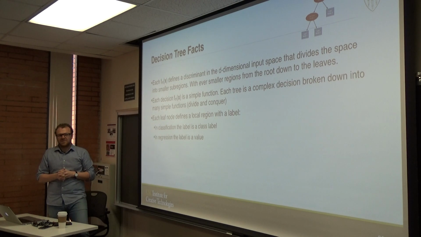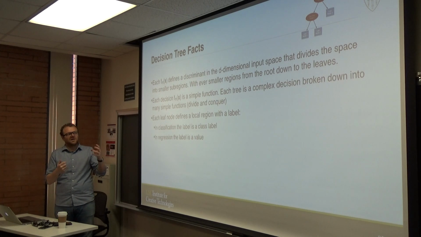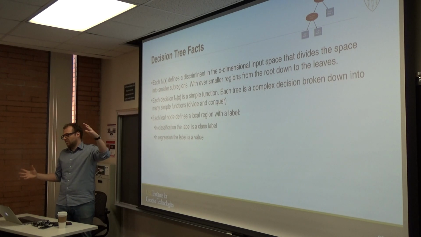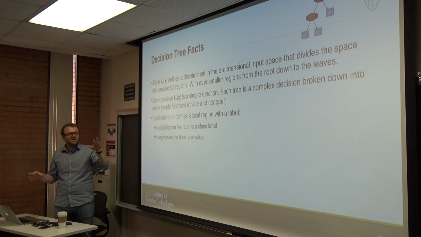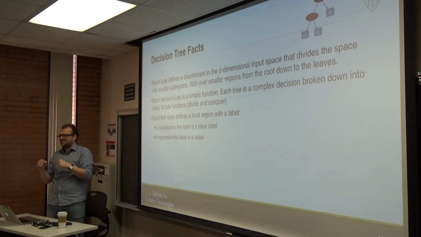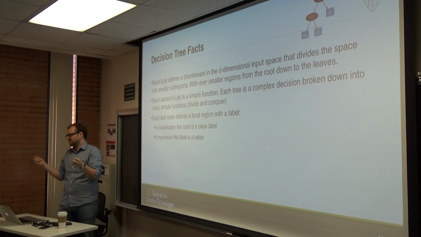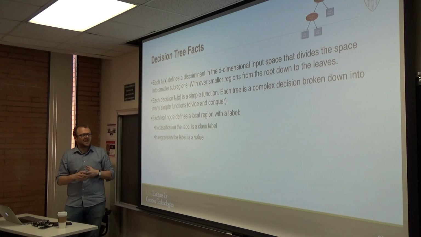Okay, and that might sometimes be desirable because trees, if they grow, can become complex. Also, they can overfit. If you are not careful enough, you can come up with a tree that has one item in each leaf node, and all you're doing is a one-nearest-neighbor classifier. So you've got to be careful with that.